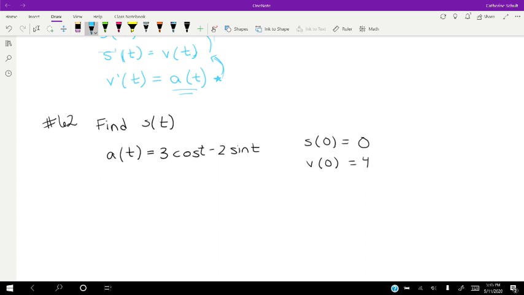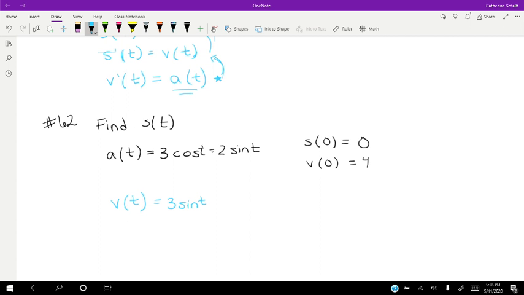All right, well, to find the velocity, that's the antiderivative, right? Remember, the derivative of the velocity is the acceleration. So we have to think, the derivative of what gets us cosine? Well, the derivative of sine gets us cosine. And then the derivative of what?